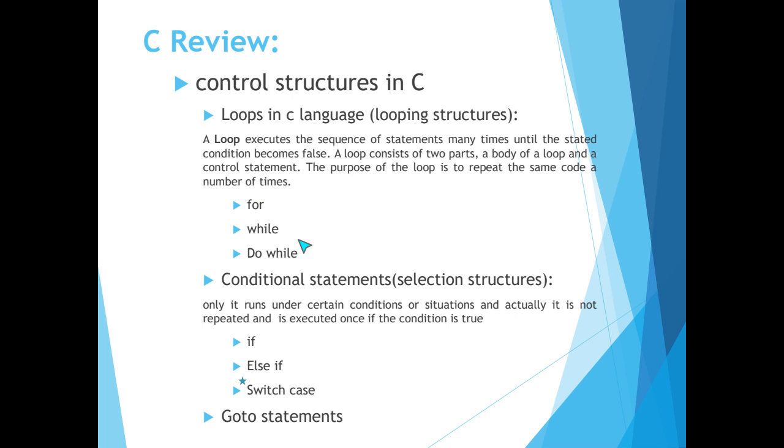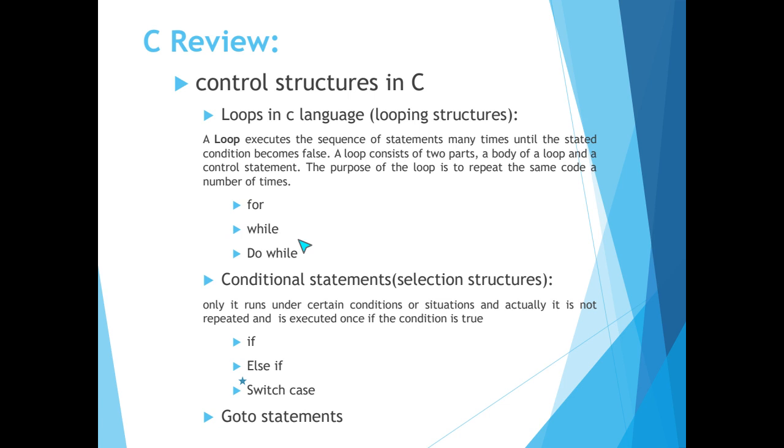The other control structure is a conditional statement or selection structure. This kind of control structure only runs under a certain condition or situation, and actually it's not repeated; it's executed once if the condition is true.